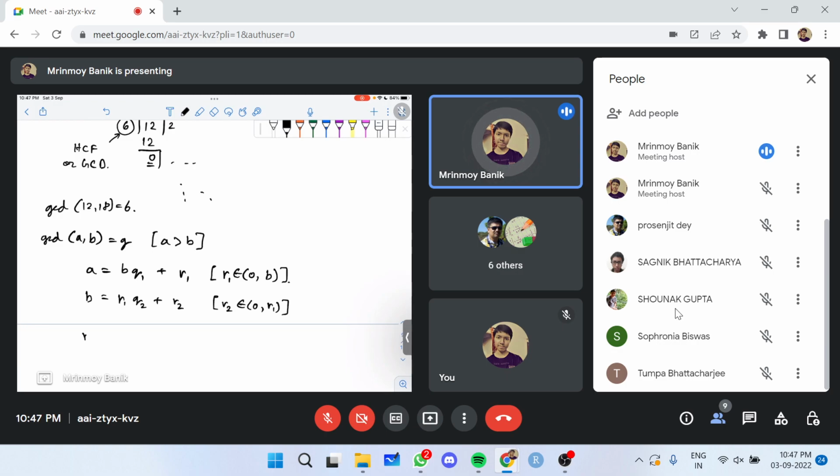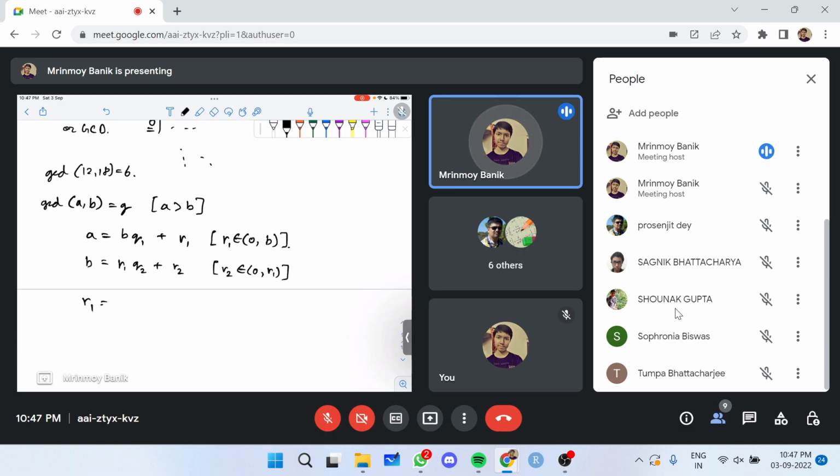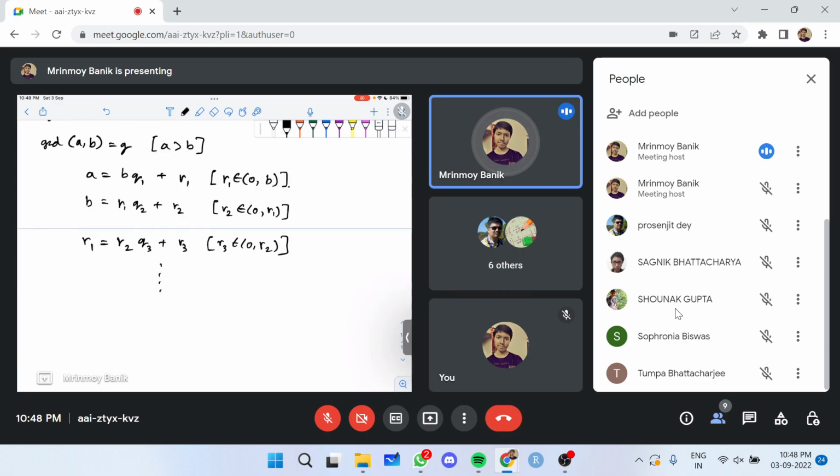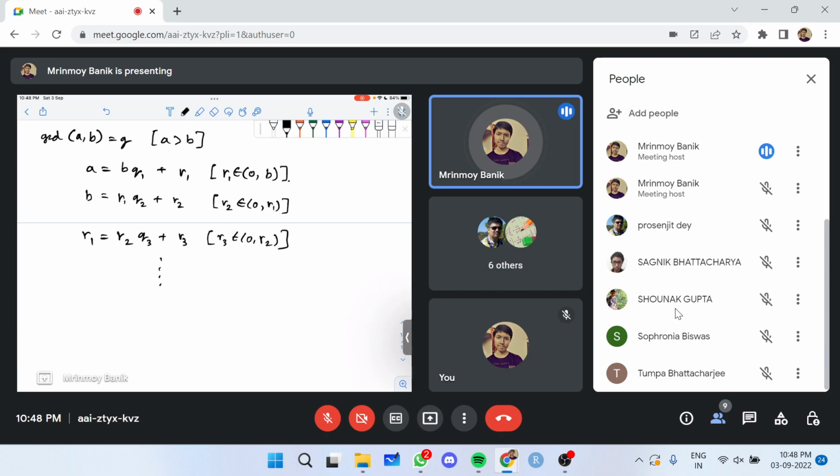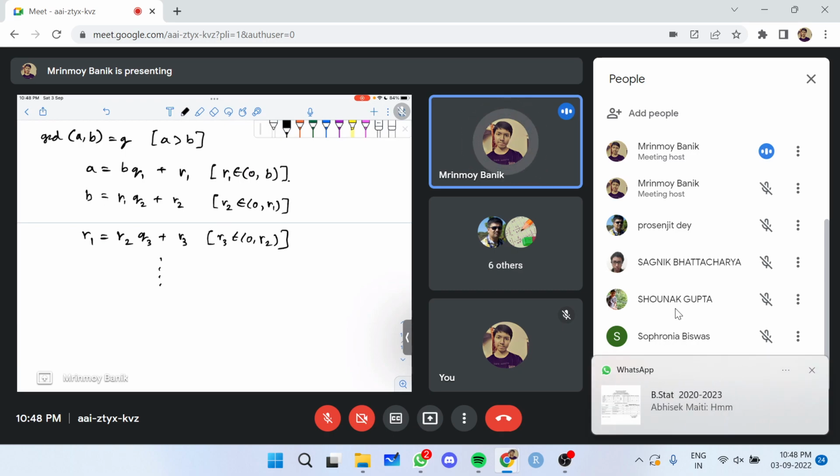Then R1 is equal to R2 Q3 plus R3. R3 is also between 0 and R2, and like that until you make the remainder Ri 0.